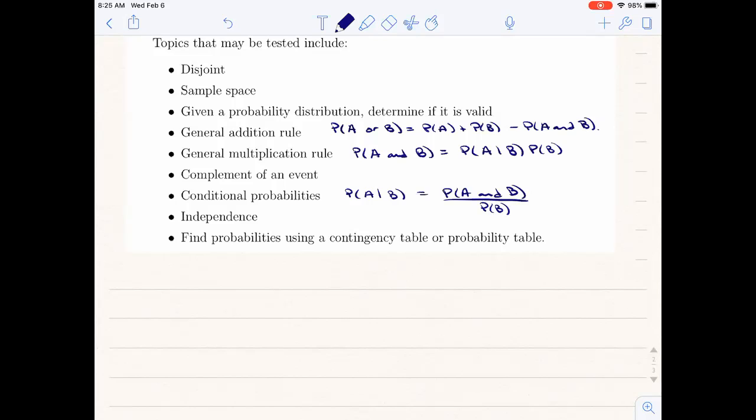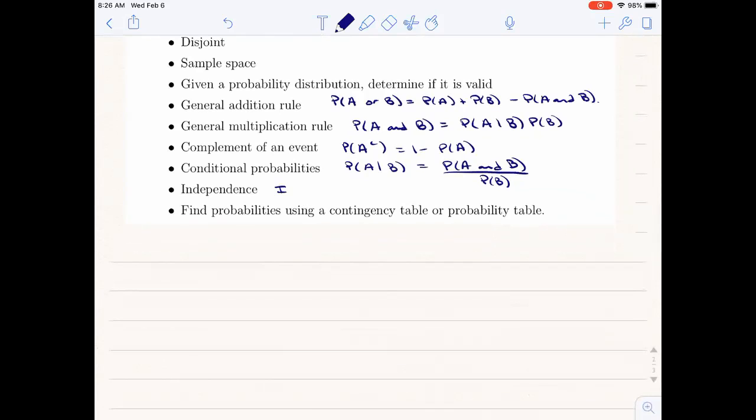The complement of an event is just the opposite of it in terms of probabilities. The probability of the complement of A is 1 minus the probability of A. So you're just using these formulas to answer questions.